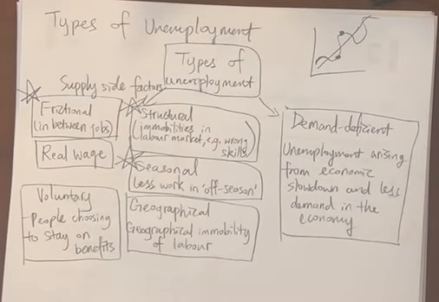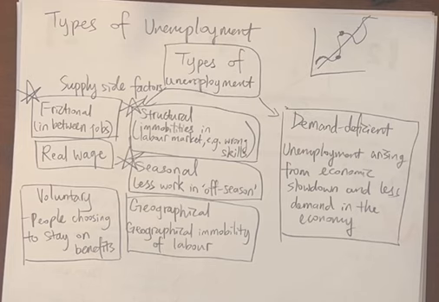These are the three main types, even though seasonal kind of belongs to a type of frictional unemployment, some textbooks divide them into separate categories, and some textbooks don't. Just follow what your textbook says and what your teacher or professor says. So just pay close attention to these.